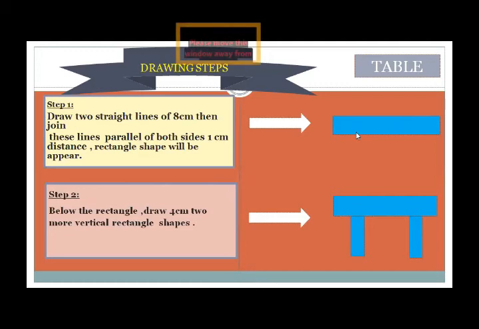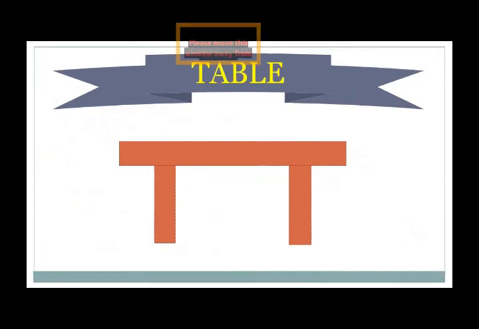After making a rectangle shape, what will you do? Then you will follow step number 2. Below the rectangle, draw 4 centimeter two more vertical rectangle shapes, and these are the chair legs. Got it? This table you will draw in your drawing copy like this. No need to draw it in your copy stepwise. I am showing you this, you will draw the complete table.